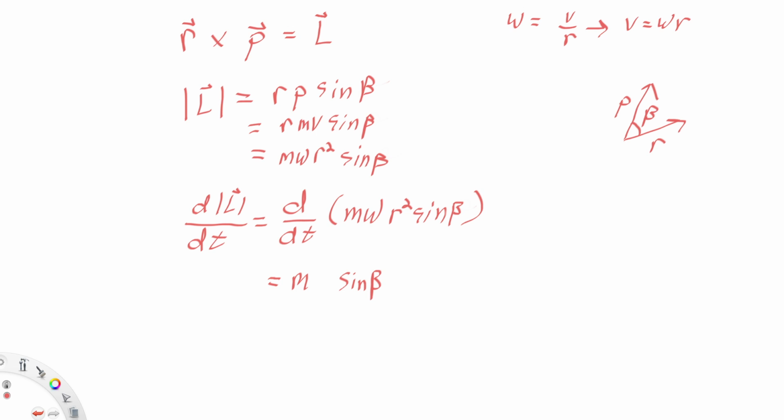Yeah, Addison, omega definitely might change with time, right? If we have some angular acceleration, we definitely might have a change in omega, which would give us this term, right? So m r squared sine beta alpha.